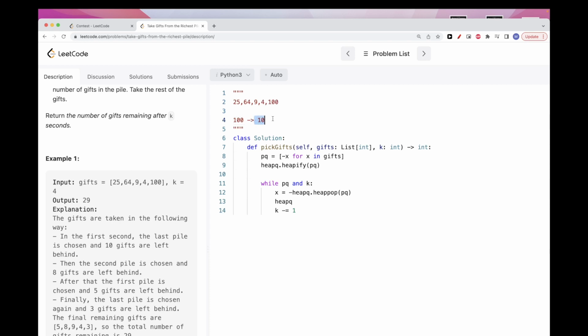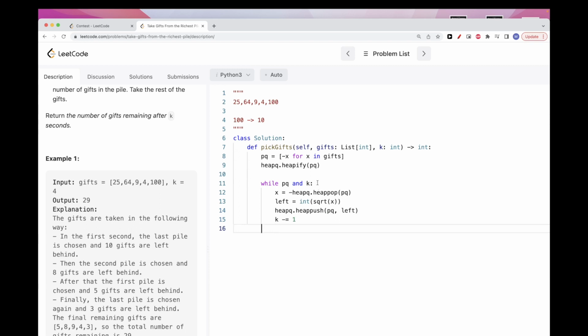So we should put this back into the queue so that next time, if it's the higher value, like in this case higher than 9, we want to take this one. So this is an important piece. So we want to push onto the priority queue the square root. So basically what's left is going to be the square root of x, and of course we want to floor it, so we can either use math.floor, or in Python you can also use int. So that's what we are going to pass here.